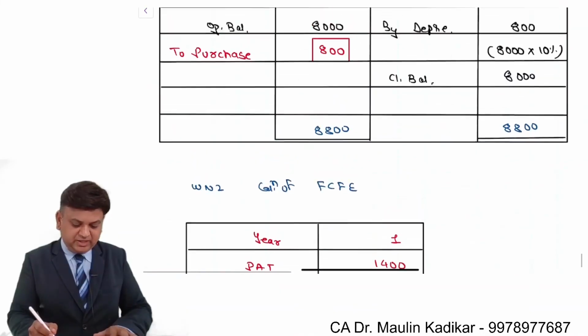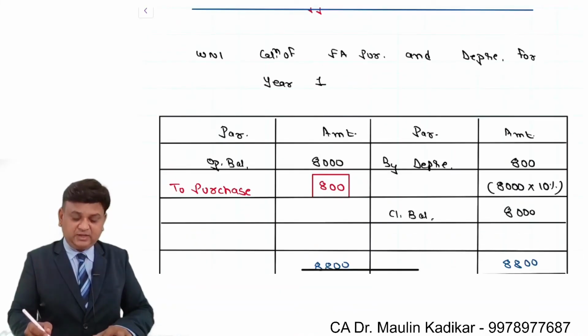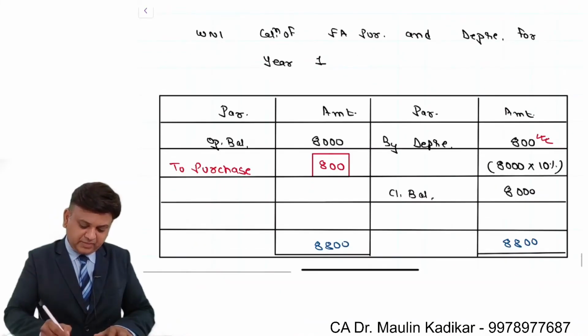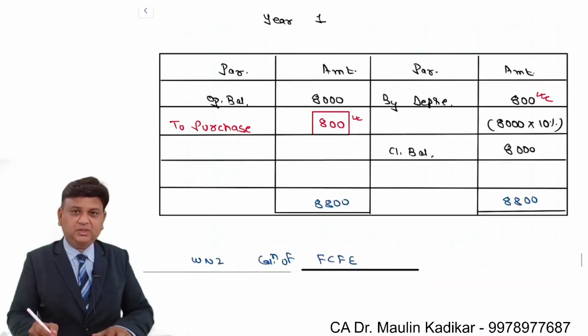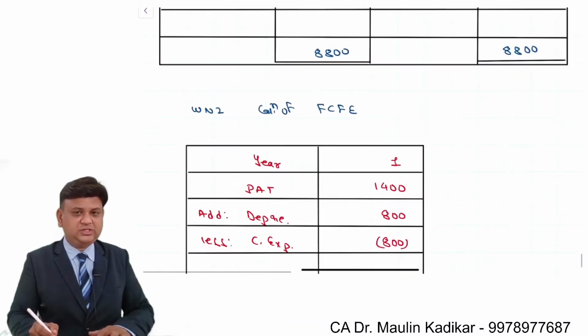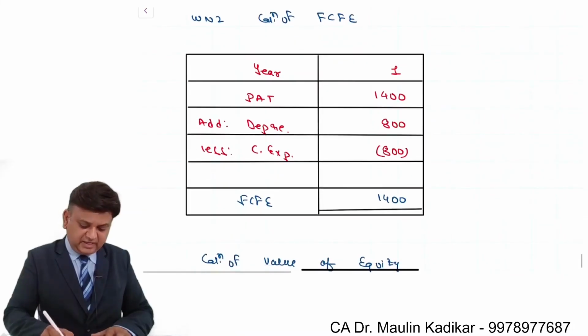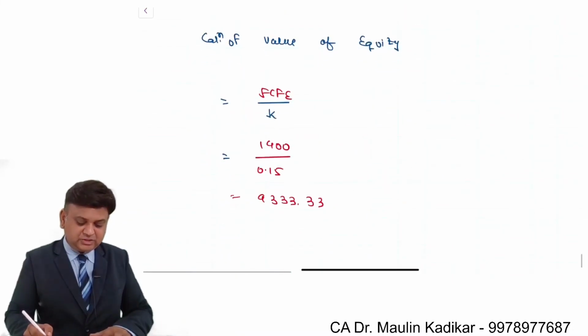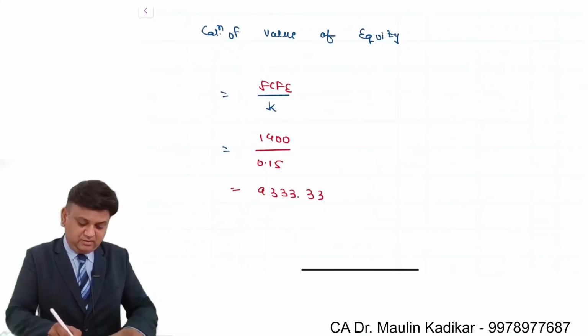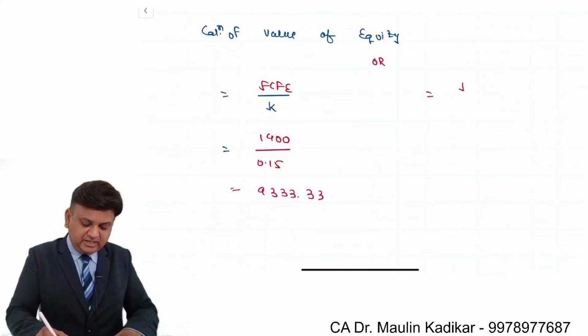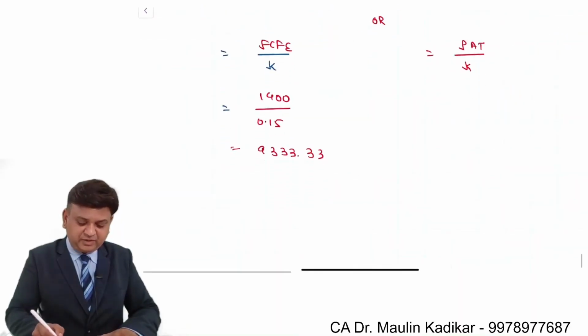Now friends, you can logically understand that whatever the depreciation is would itself be the fixed asset addition. There is no change in working capital, so it is 0. So technically, whatever the profit is itself is the cash flow. So this value of equity can be calculated directly as profit after taxes upon cost of capital. What is profit after taxes? 1400.